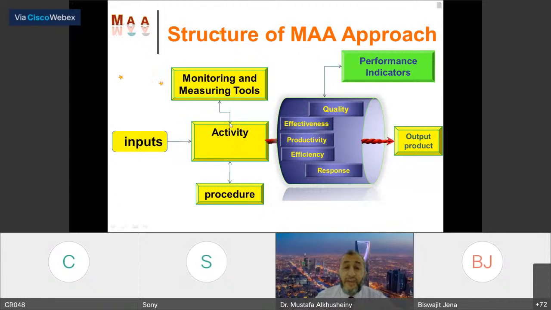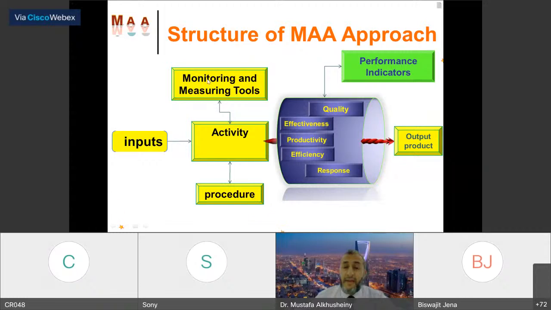In order to perform that activity, we need inputs, requirements, and a procedure dealing with these inputs, in order to get the output. We have to use monitoring and measuring tools to monitor the procedure.